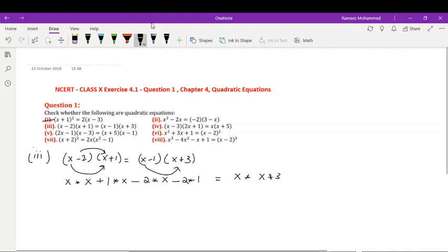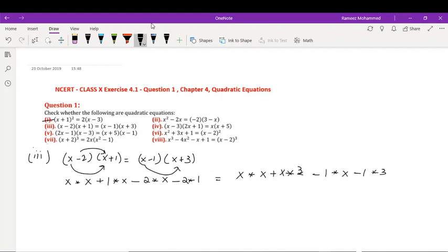It's a typo, I'm sorry guys. So I'll multiply x to x plus 3. What I'll get is x into x plus x into 3. And now I'll multiply minus 1 to x plus 3. So it will be minus 1 into x and minus 1 into 3.